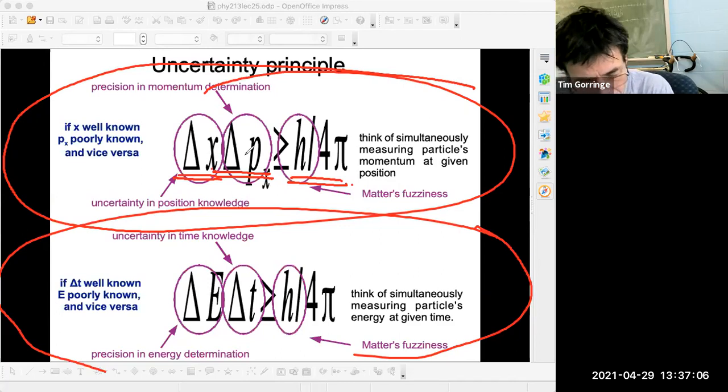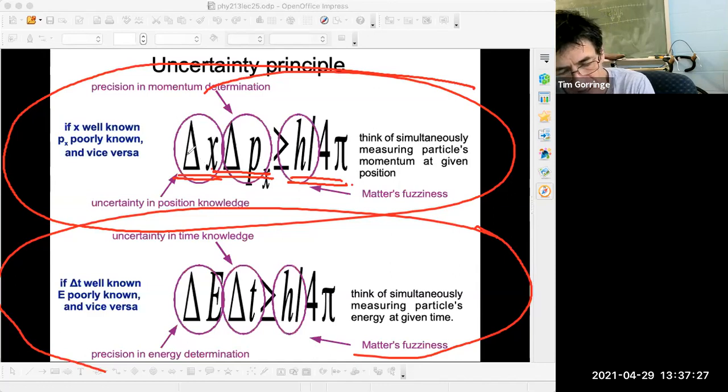Now, you might know the momentum really, really well, and then you would only be able to know the position very, very poorly. Or you might know the position really, really well, and then you would only be able to know the momentum really, really poorly.